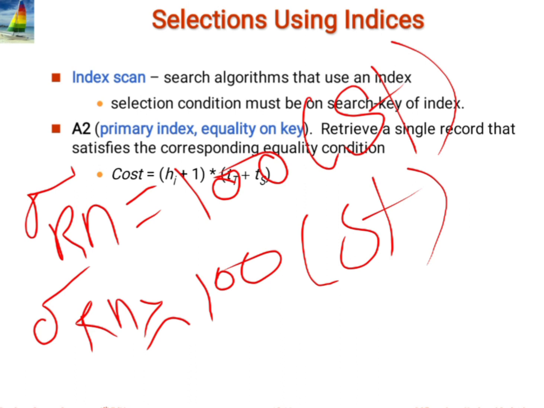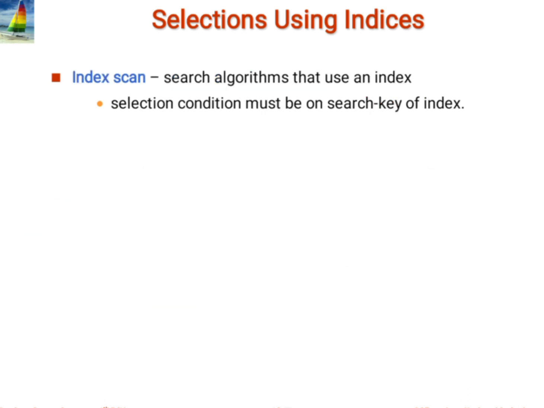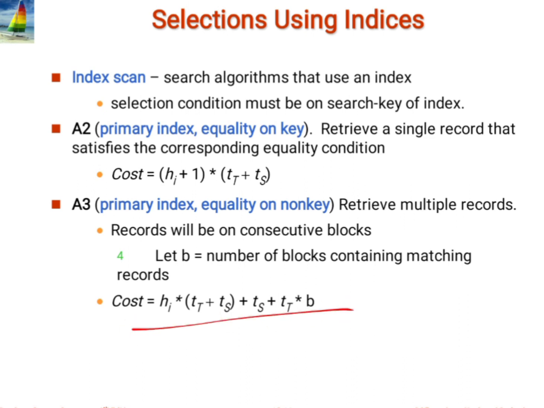There can be multiple records as the answer of this particular query. That's why it is primary index with equality on non-key attributes. That's why the cost of the query will be the number of blocks we need to transfer from the hard disk.